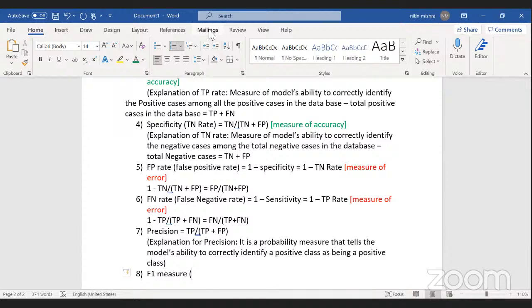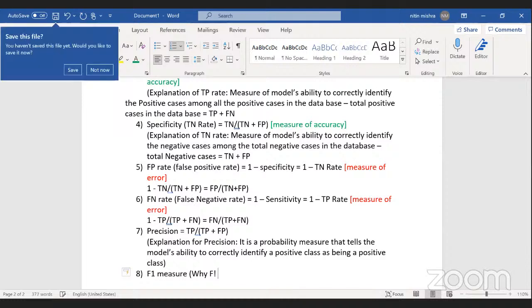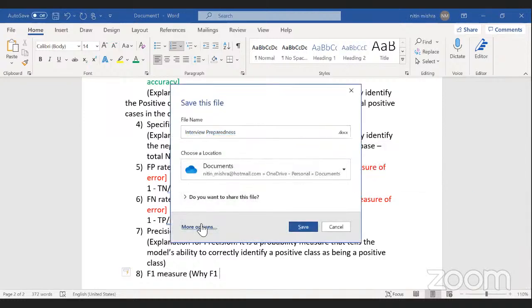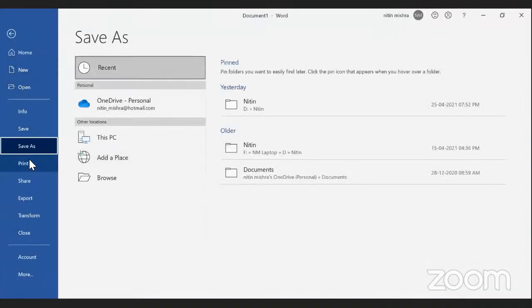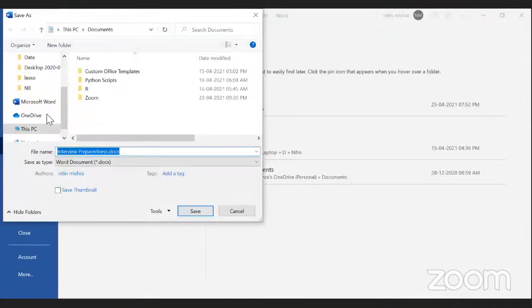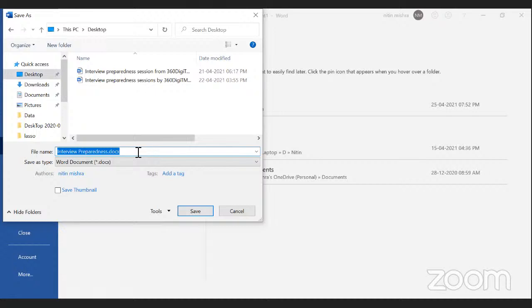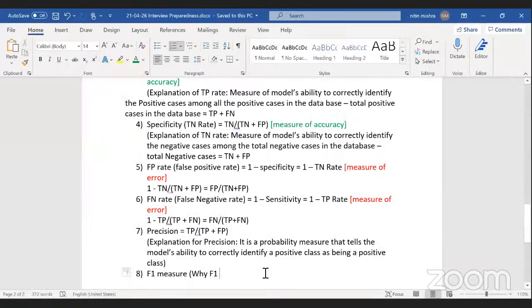F1 measure. All right. Why F1? All right. Why F1?